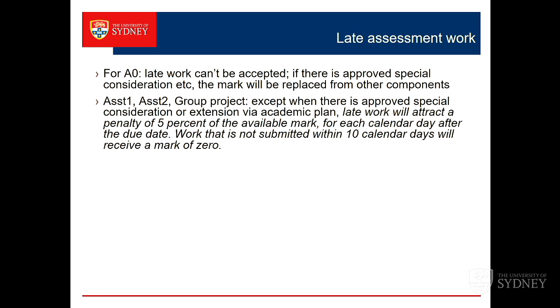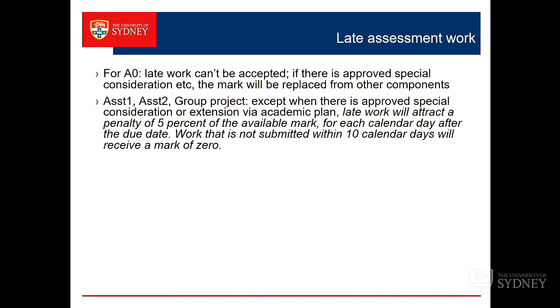For the other parts of the course, we're following the university's standard model, which says unless you have special consideration, there is a standard penalty for late work. 5% of the available marks are lost every day late, and that's calendar day, right?